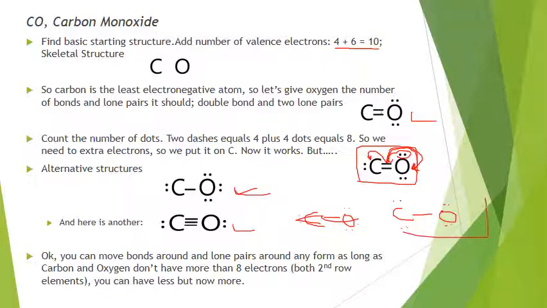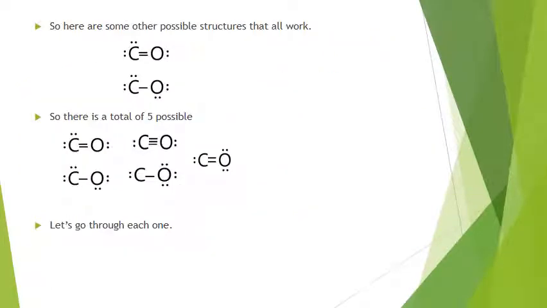So there's 4 different possibilities. All right, it still has 10. So by moving all these electrons around, you can actually come up with 5 different ones.